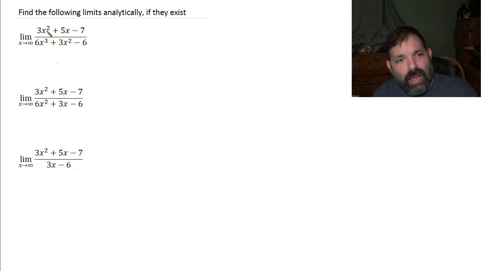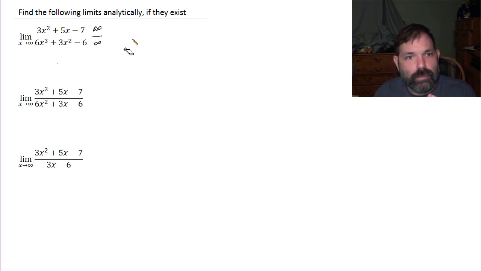And you might even say, well, I know that if I square an infinite number, that's still an infinite number. So it looks like this numerator goes to infinity, and the denominator appears to go to infinity as well. And if you remember back, that's an indeterminate form. Infinity over infinity is indeterminate, so we have to come up with an approach for this.